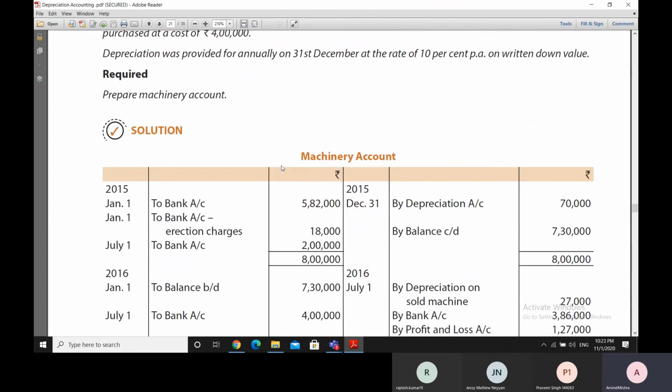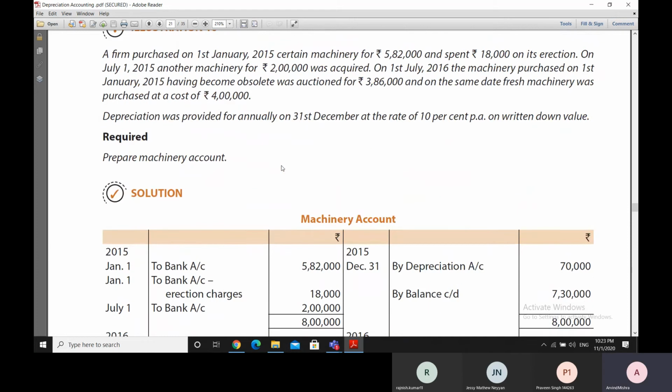for every year. So first thing first, we start with the machinery account, and we find that we are buying 5,82,000 worth of machinery, for which we are debiting the machinery account for 5,82,000 rupees and crediting the bank account, because money is being paid out of the bank, and thereafter we are again debiting the machinery account with 18,000 rupees erection charges, because that is also capital expenditure.